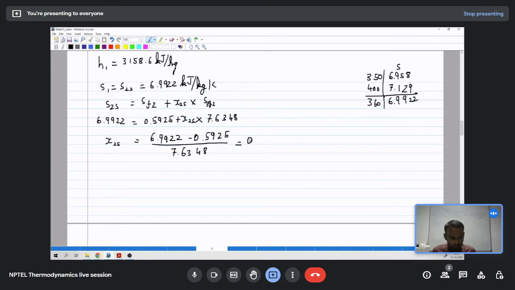So this is 0.838. With this we can also calculate the enthalpy at the second state, ideal one, which I call enthalpy H2s.